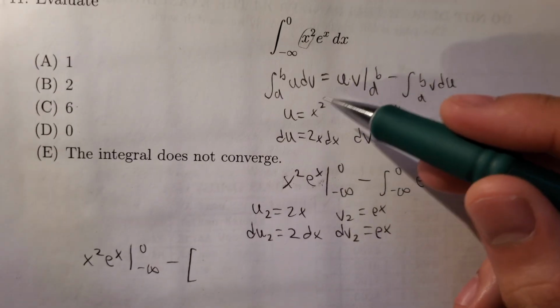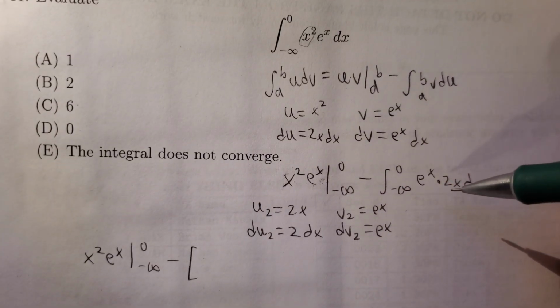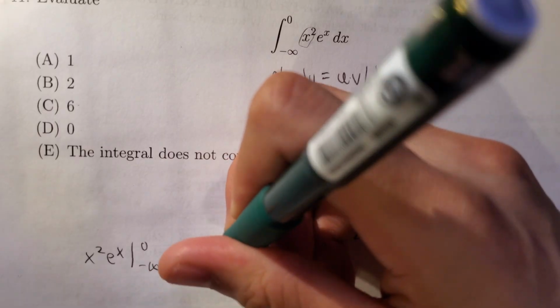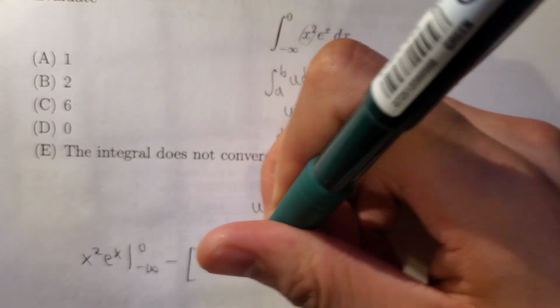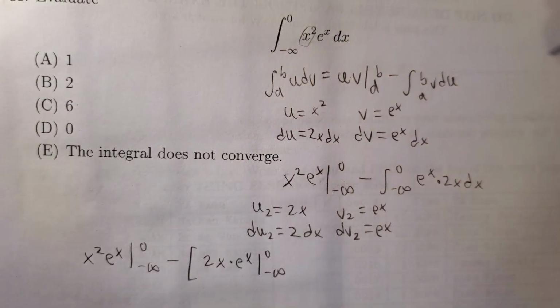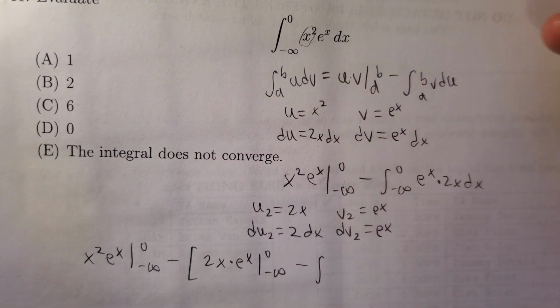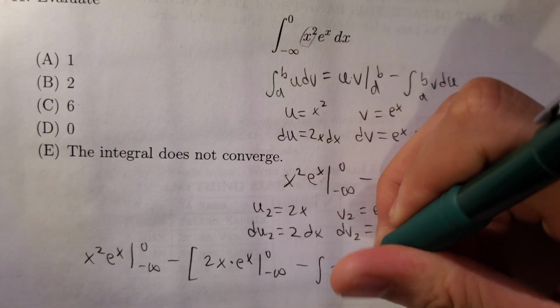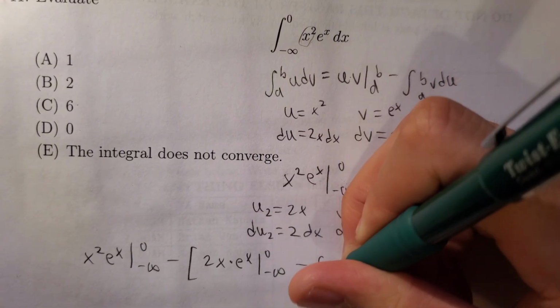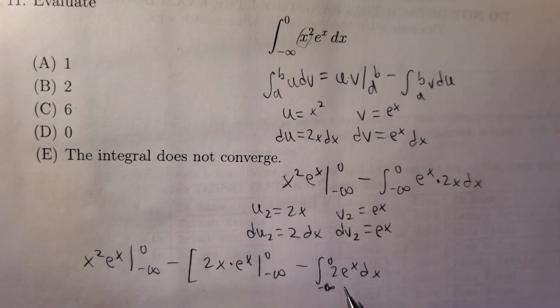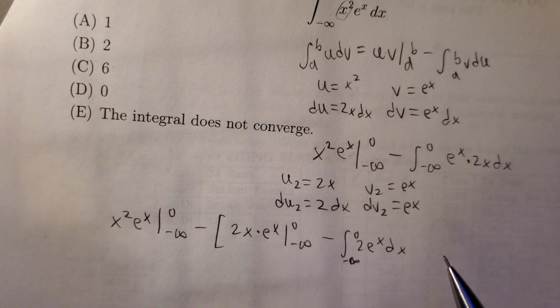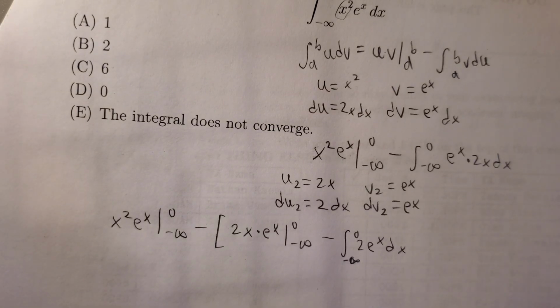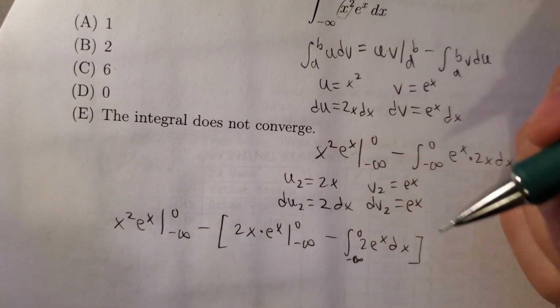I'm going to use brackets here since this is a new integral. We're going to use the same formula as before, where we have 2x times e to the x evaluated from negative infinity to 0 minus the integral of 2e to the x dx from negative infinity to 0. Now this integral is going to become 2e to the x, and then we can plug in the boundaries here.